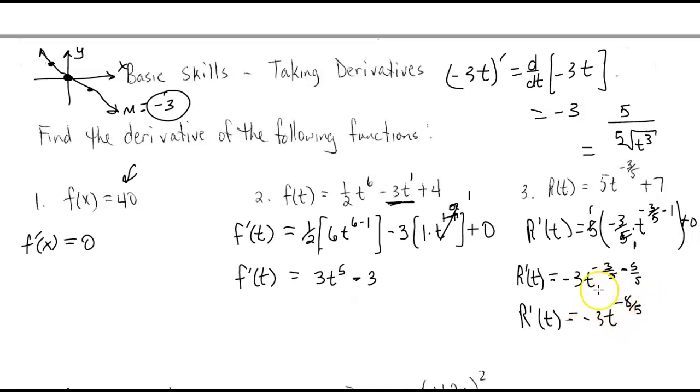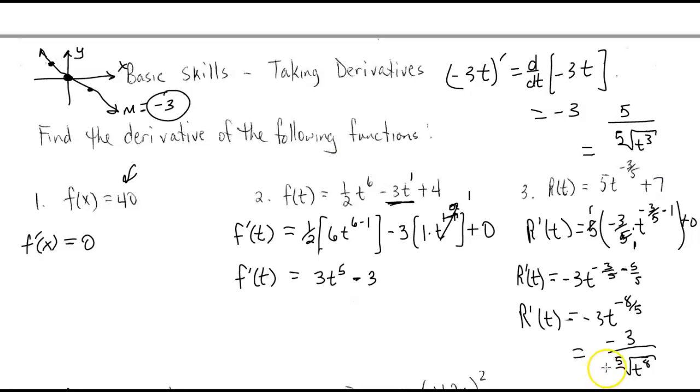then you could work this out, and at this point you would want to translate this back into root form. And so this would be like 3 raised to the 5th root of t raised to the 8. And of course, since you have t raised to the 8 in the denominator, you could simplify this some more, because you have 5 t's inside of here that would equate to 1 going out.